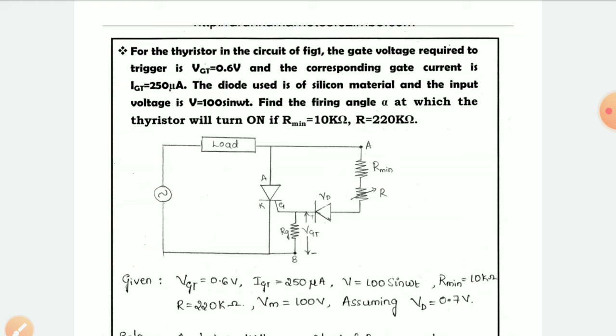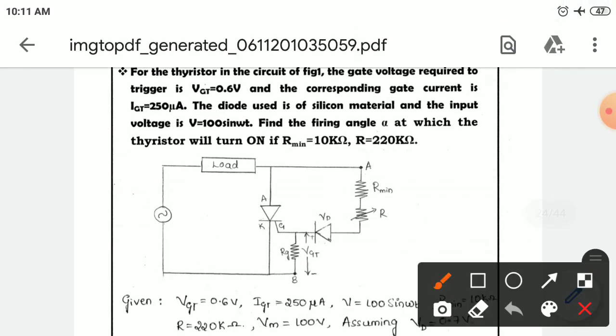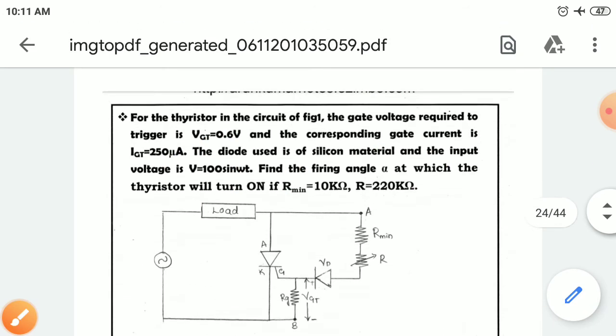They will give you various parameters like R, RGT, VGT, IGT, everything, and ask you to find the values of the firing angles, alpha and beta, for different purposes. This type of problem you will definitely get in your exams.